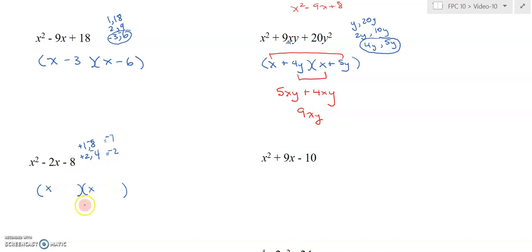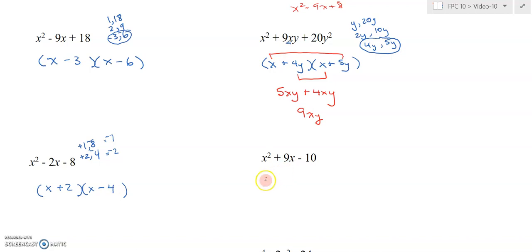Because the outer and the inner will end up just adding those together because you're just collecting like terms, right? 5 and 4, you just added to get 9. They multiplied to get the 20, but they collect like terms. They add to give the 9. So I'm finding numbers that multiply to give this and add to give this. And I find that it's 2 and negative 4.